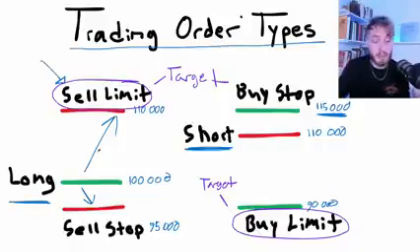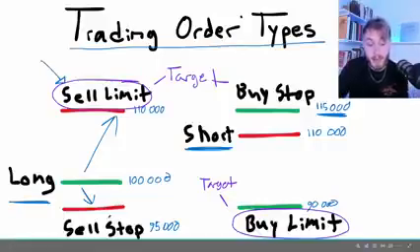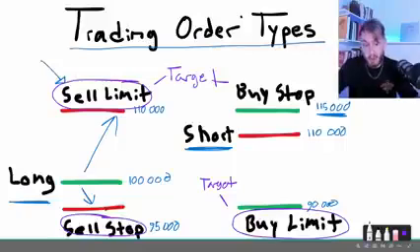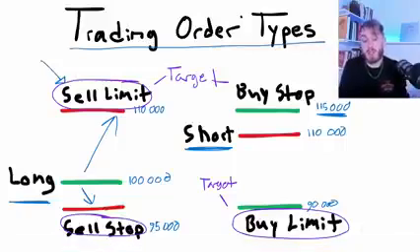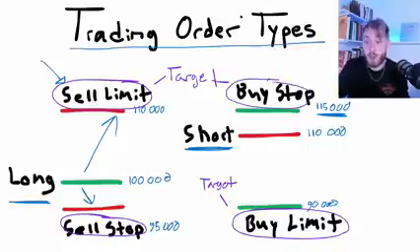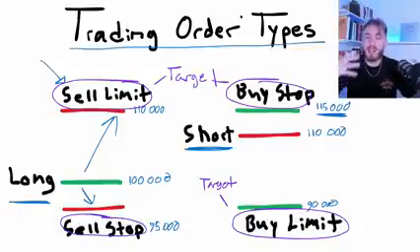And also in both of these cases, you can think about the stop order as the stop loss. In the case of a long position, your stop loss will be when the price goes down. But in the case of a short position, your stop loss will be if the price goes up. I really hope this visual and explanation helped you guys understand the different order types.